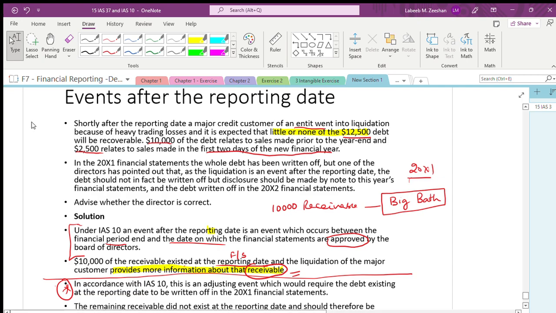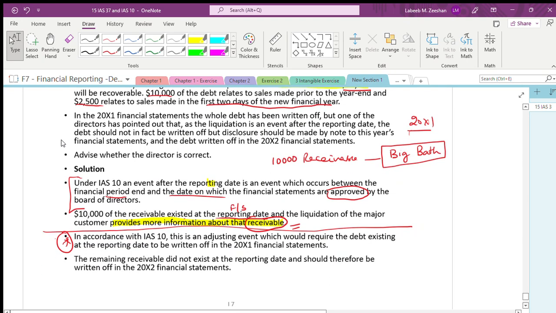In accordance with IAS 10, this is an adjusting event which will require the debt existing on the reporting date to be written off in the 2001 financial statements.